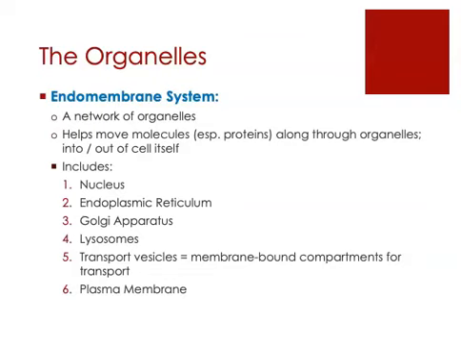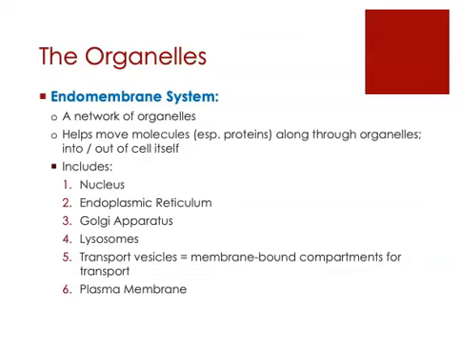The endomembrane system is actually a network of organelles inside of a eukaryotic cell, a network that begins at the nucleus and ends at the cell membrane.